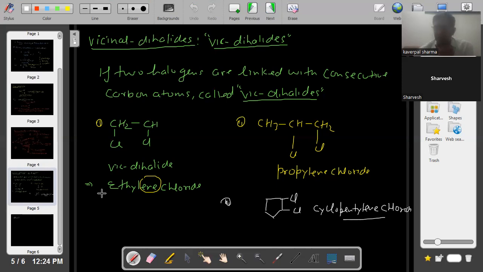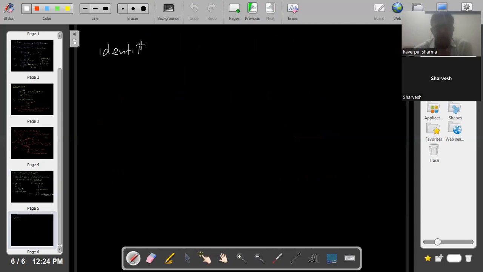Then the next case: identify the gem dihalides and vicinal dihalides.